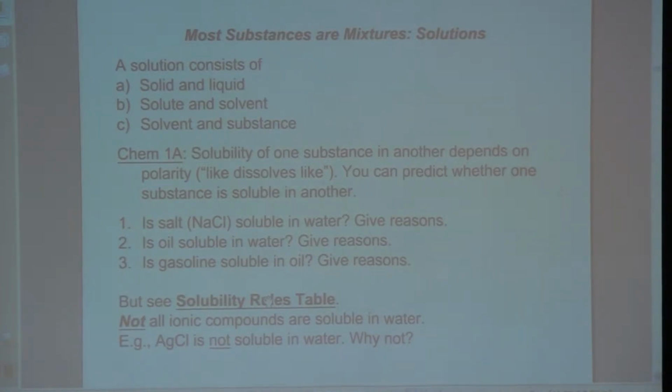So for Chem 1B, if you want to get full credit for a question as to why one substance is soluble in another, you have to say more than something like dissolved like fluid.